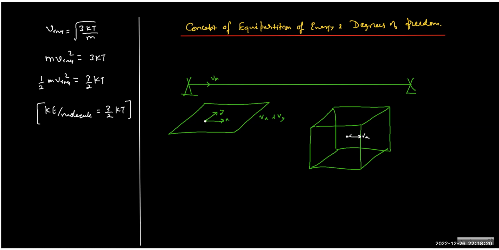We need Vx, Vy, and Vz, right? Can we say that 3 components are sufficient to explain the motion of a particle in 3 dimensions? Yes, sir. So from this discussion, what exactly are degrees of freedom?